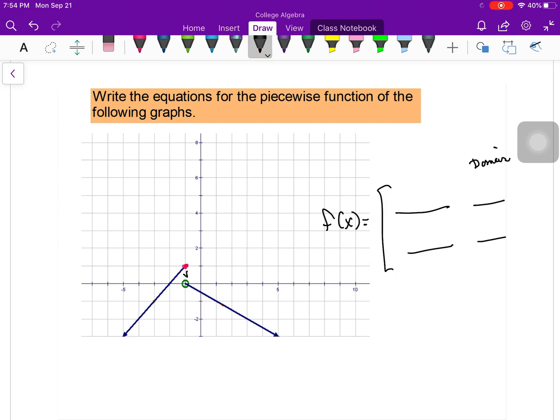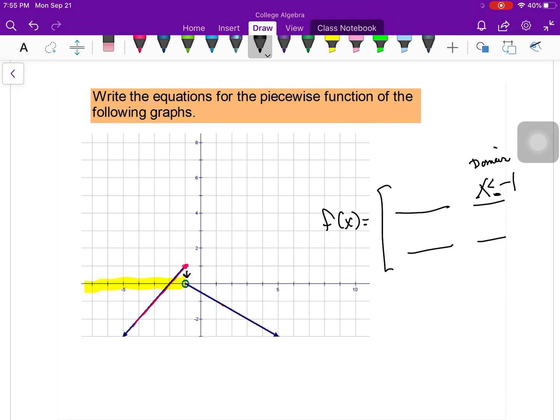If I take that down to the x-axis, I see I have x compared to -1. And since it was closed, it will be equal. And they are the values to the left that give me this red piece. So it will be less than or equal to -1.